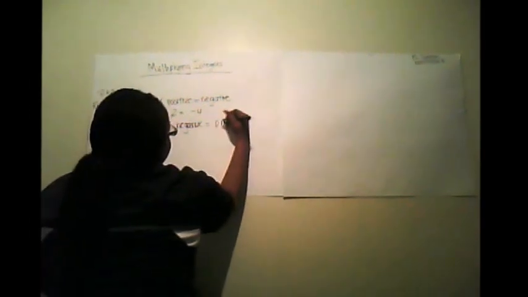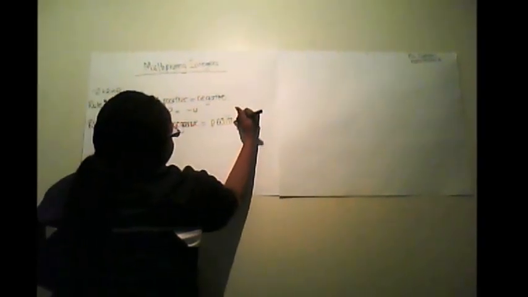Rule number 2 for multiplying integers would be a negative times another negative equals a positive. An example of this rule would be -5 times -5 would equal a positive 25.